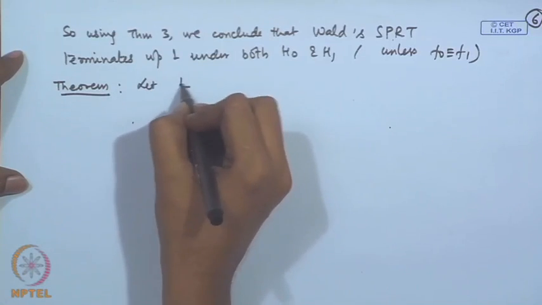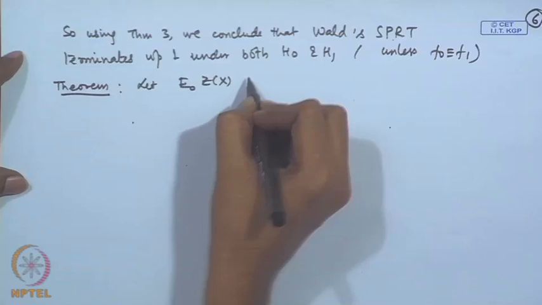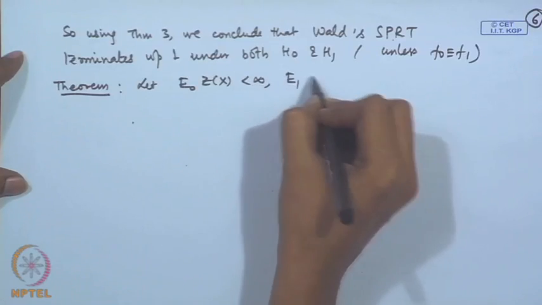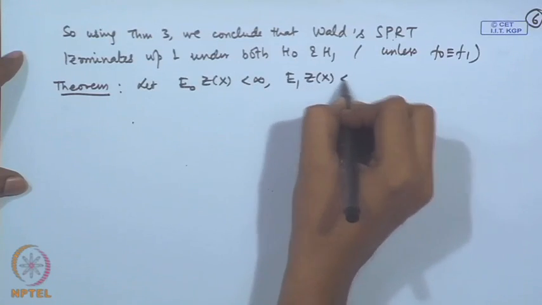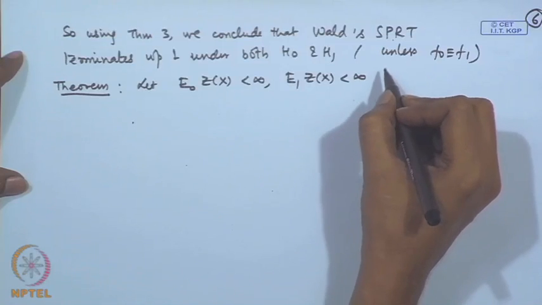So, let expectation of z under H naught be finite and expectation of z under H 1 will also be finite.